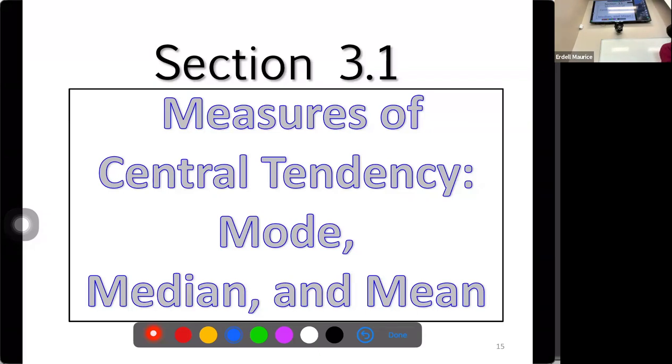And so that's all we're doing here, finding a way to calculate the center of your data. Now, we teach you three of them. There are actually a lot more different ways, but these are the three we focus on: the mode, the median, and the mean. Let's get to them, shall we?